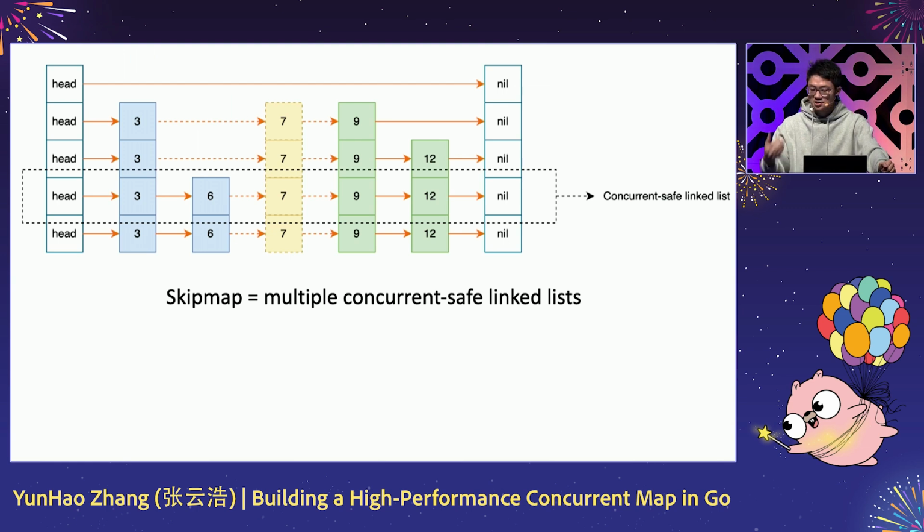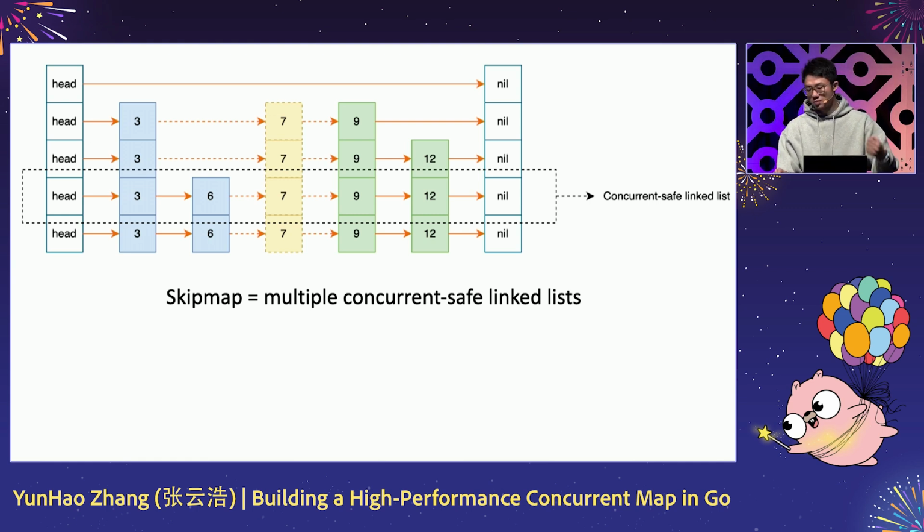So let's combine these two techniques by replacing the linked list inside the skip list with the ordered concurrent safe linked list. So it's a new data structure called sync.Map. The sync.Map has the advantages of these two data structures, and it is particularly suitable for high concurrency scenarios.